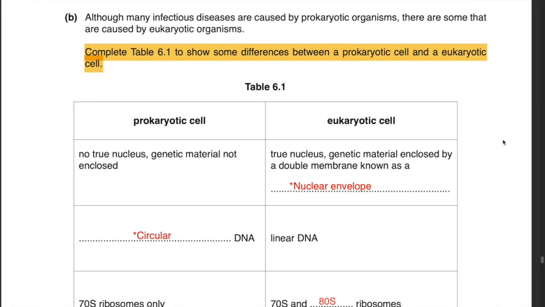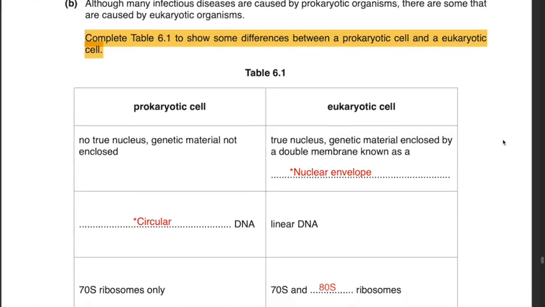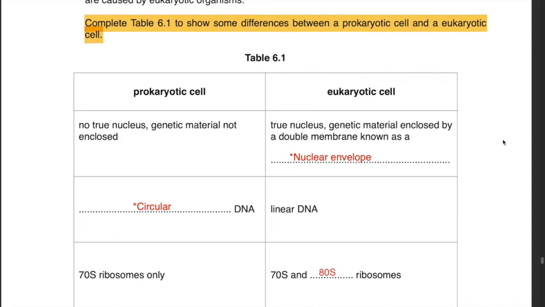Part B. Although many infectious diseases are caused by prokaryotic organisms, there are some that are caused by eukaryotic organisms. Complete table 6.1 to show some differences between a prokaryotic cell and a eukaryotic cell. In this table, we have to compare prokaryotic cell and eukaryotic cell, and a key thing which should pop up into your mind immediately is that prokaryotic cells have no nucleus, whereas eukaryotic cells do have a nucleus, and that nucleus is surrounded by a double membrane known as a nuclear envelope.